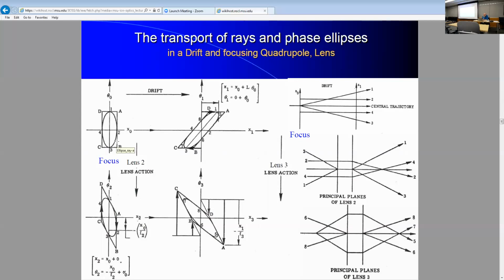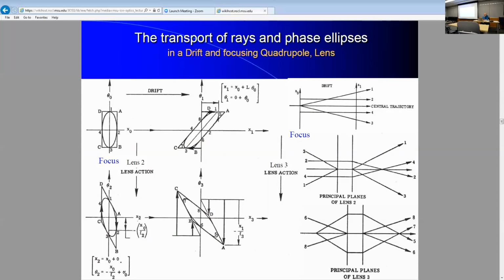So you can make the relation between what you see here from one point to another point by taking these rays. Now you drift coming from this location to this location, that's shown here. You do not change the rays 2 and 4. 2 and 4, they're staying here, but the rays 1 and 3, because they have an angle at the beginning, they end up at different locations.